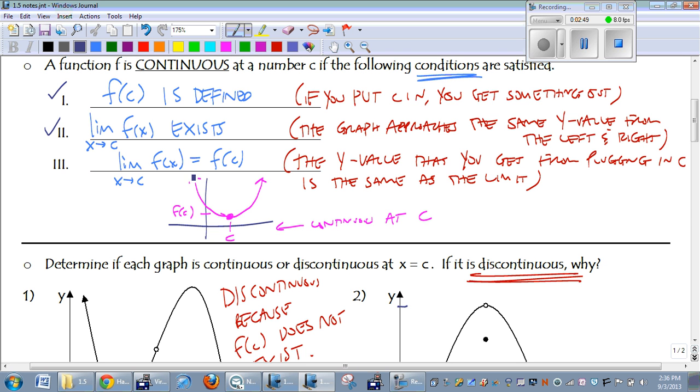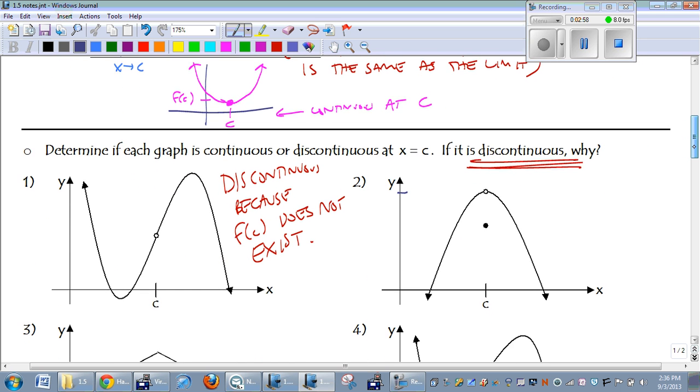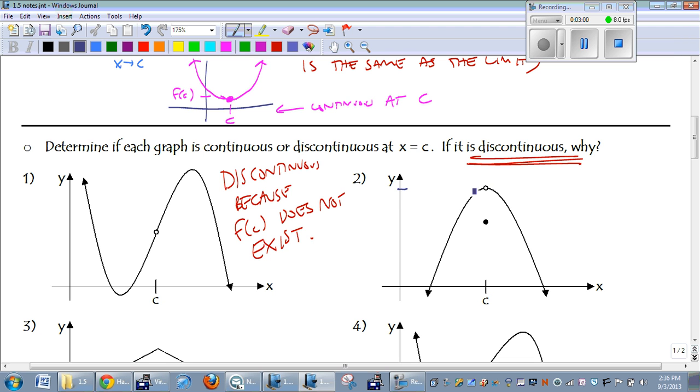Now, the question is, does the third condition get met? Well, for this to be true, f of c has to be the same as the limit. If we look, our limit is way up here, this y value. Our f of c is this y value right here. Those two things are not the same. So this one is also discontinuous, but for a different reason.